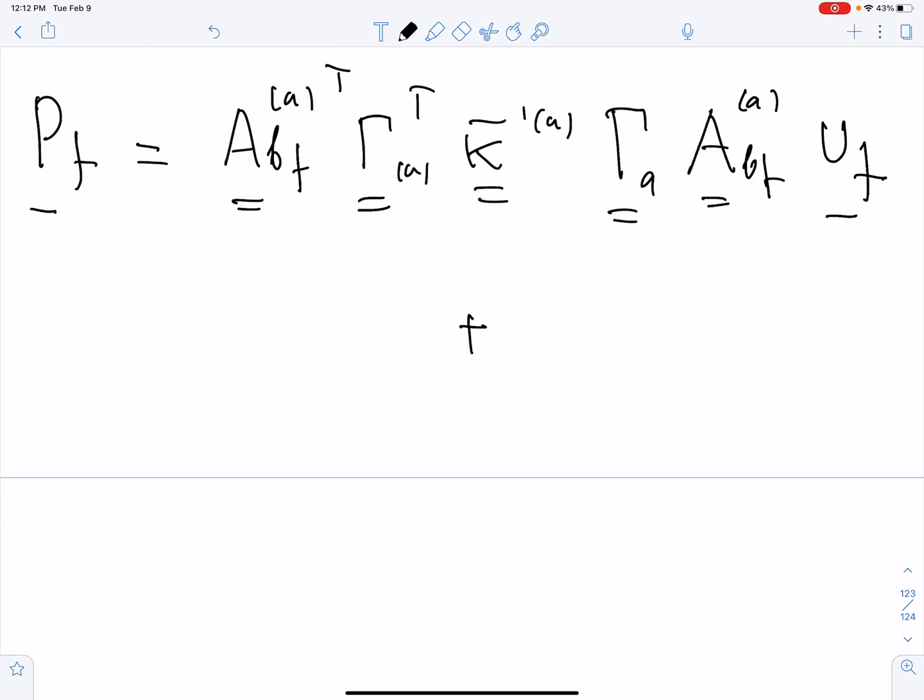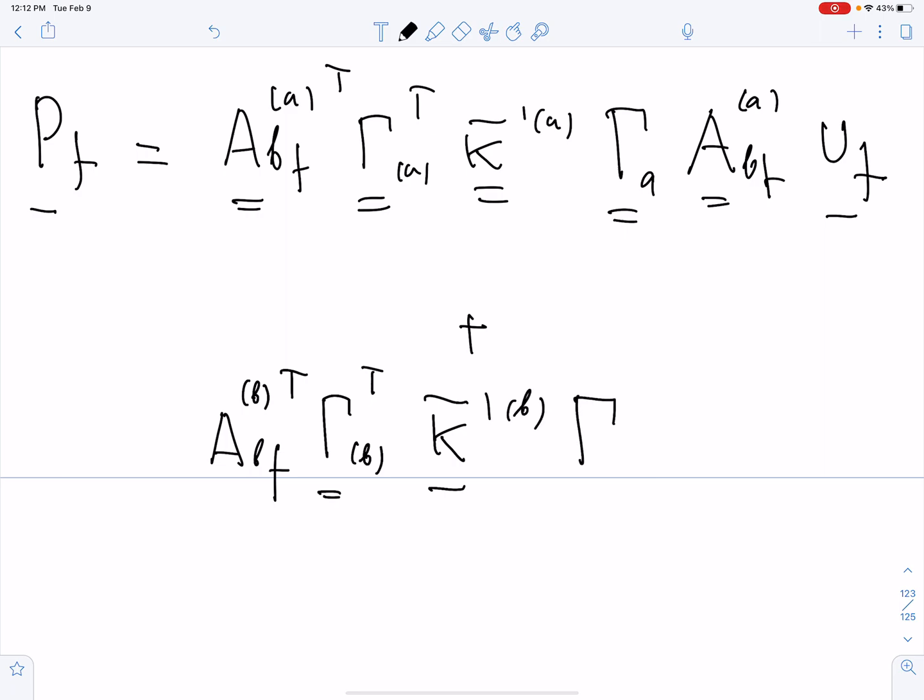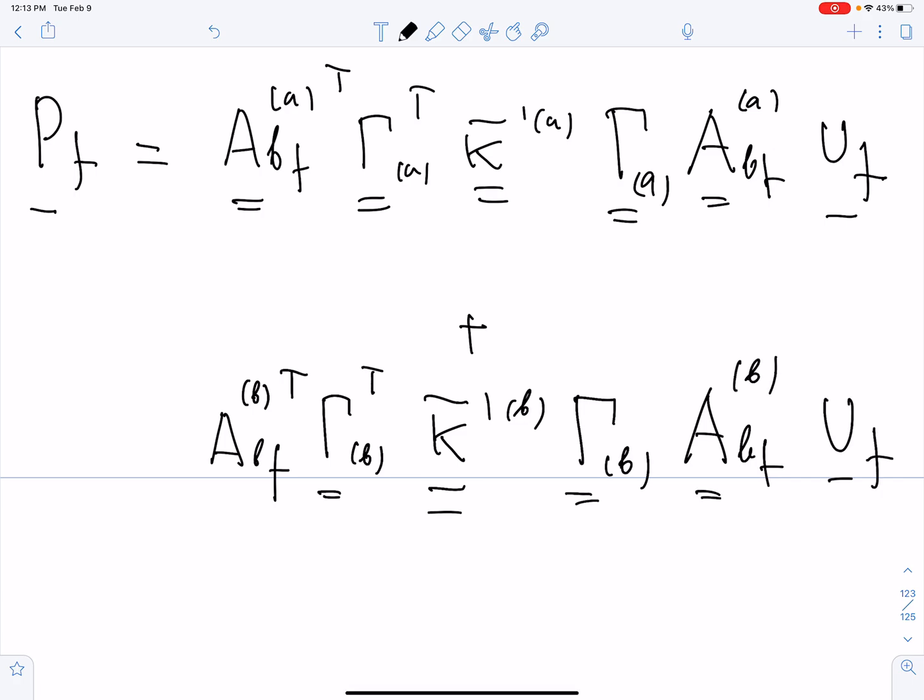Contribution from element A and contribution from element B looks like this: ABFB transpose gamma B transpose kappa bar prime B gamma B ABFB UF.